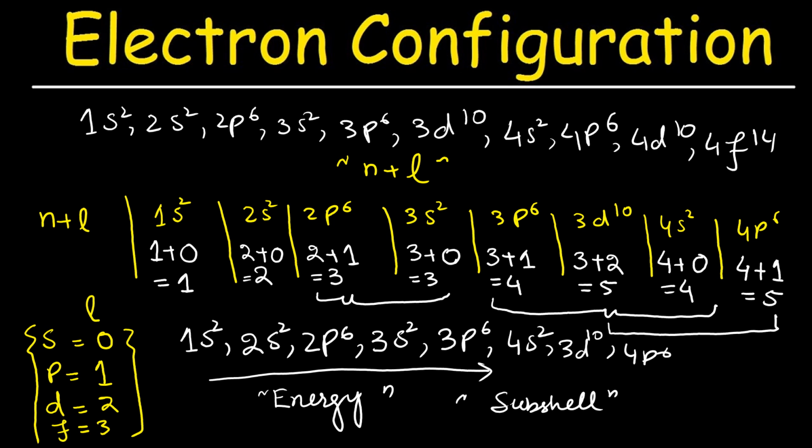We can also use a trick to understand how electrons will fill the sub energy levels. In order to understand the energy of subshells, we need to use the n plus L rule.